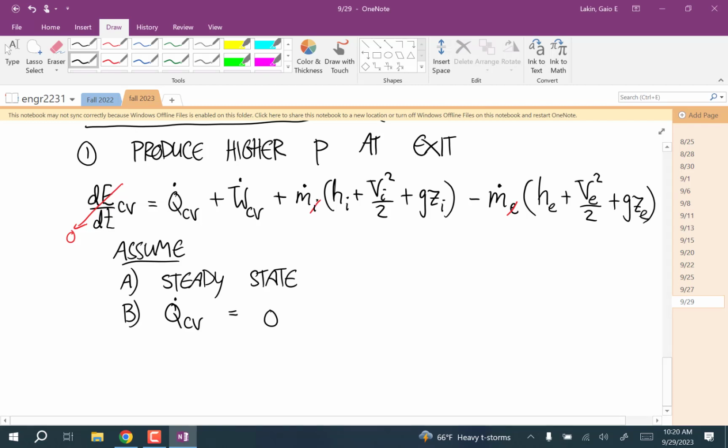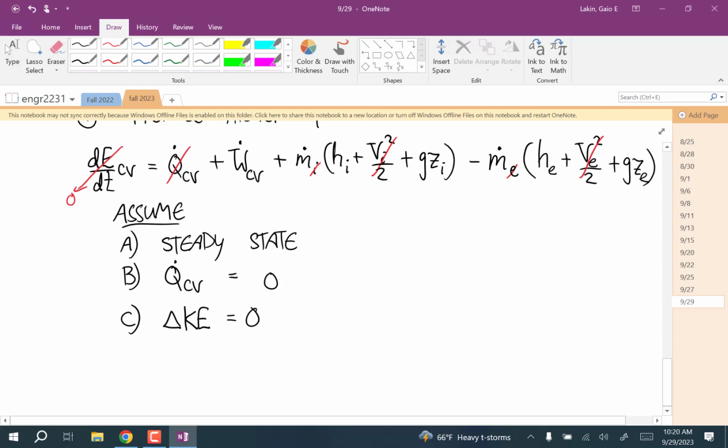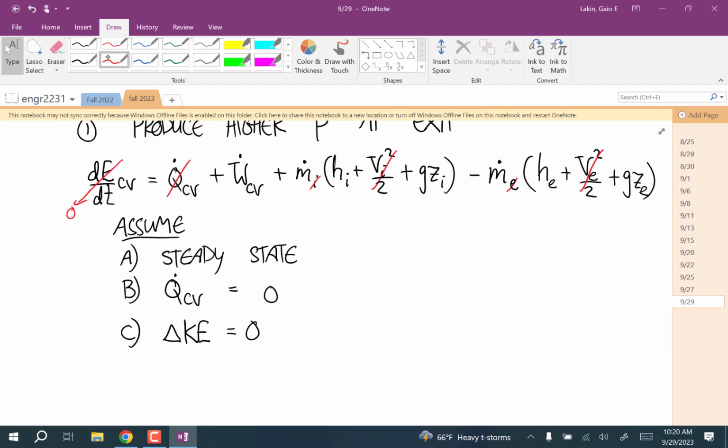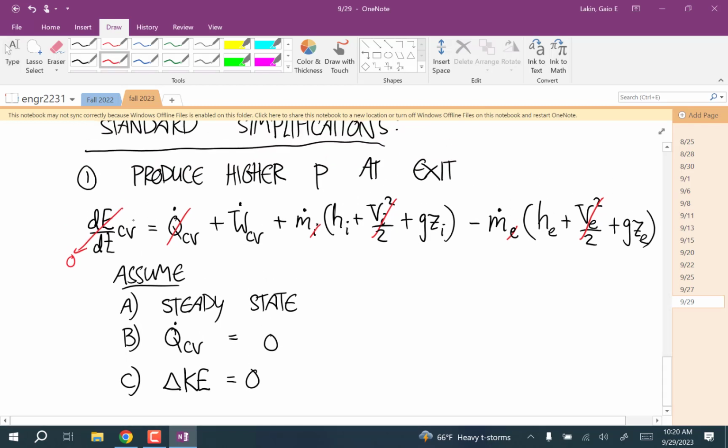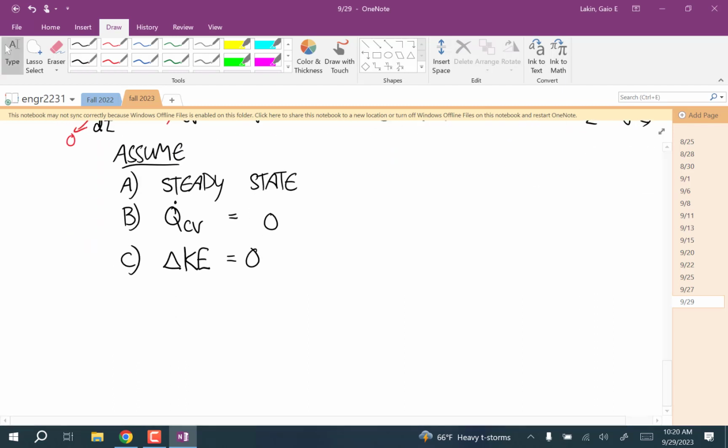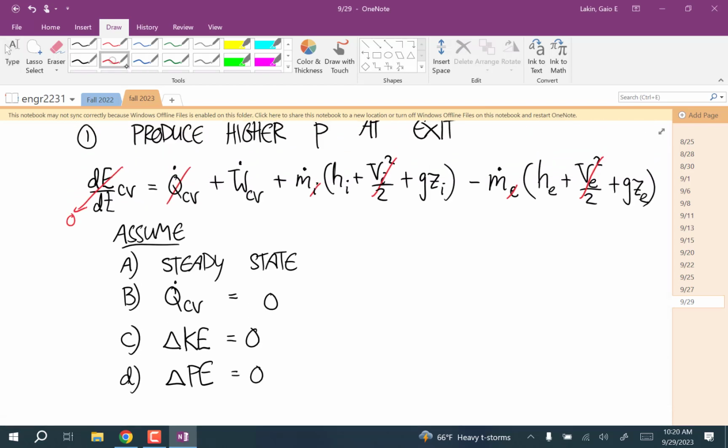We're generally not concerned with speed, so we're going to assume that the change in kinetic energy is 0. So that goes away. These two cancel. And since the first one we're doing here is just producing a higher pressure at the exit, we're not concerned about the height, okay? So the change in potential energy, we're going to set to 0. So these go away.